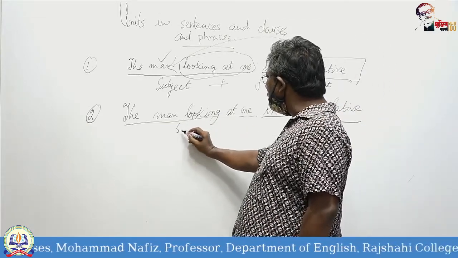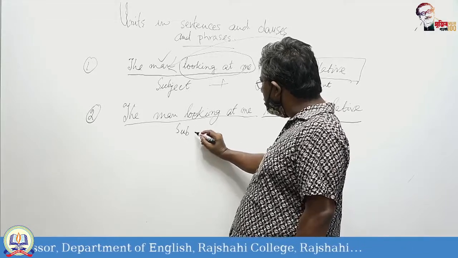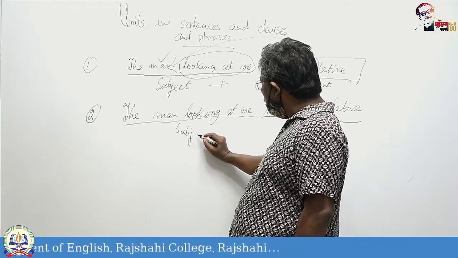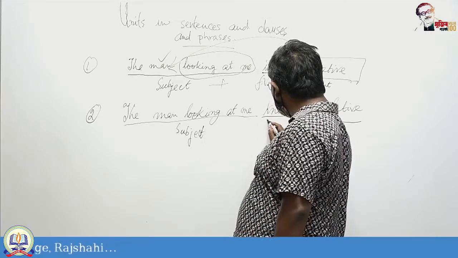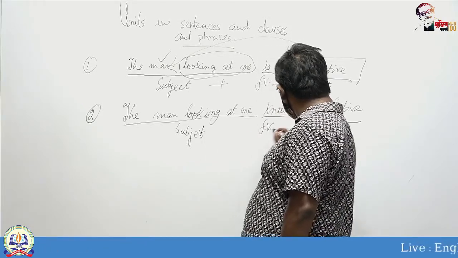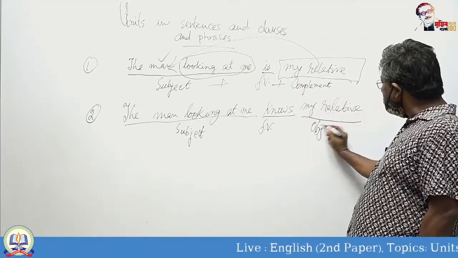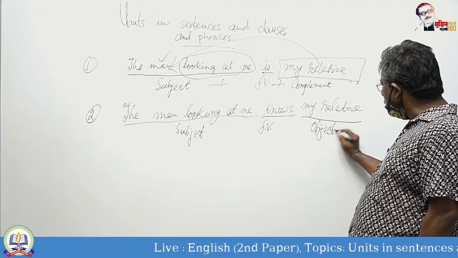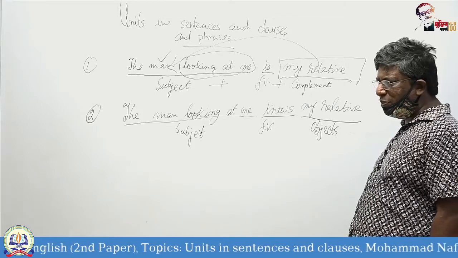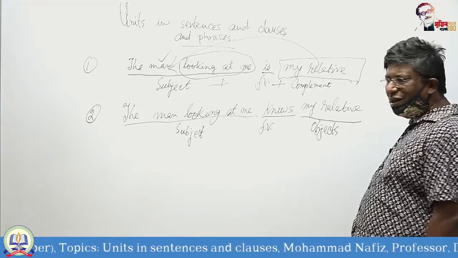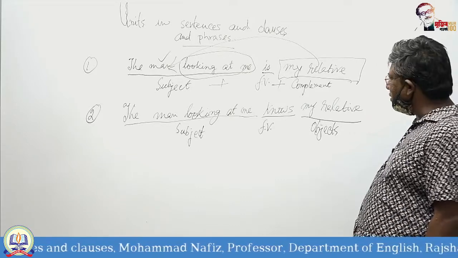Like the previous one, the part before the finite verb is the subject of the clause or sentence, knows, you know, finite verb, and my relatives is the object. Students are taught, even students are confused, sometimes misinterpret and misunderstand the identity of the nouns that follow the finite verbs in the sentences.